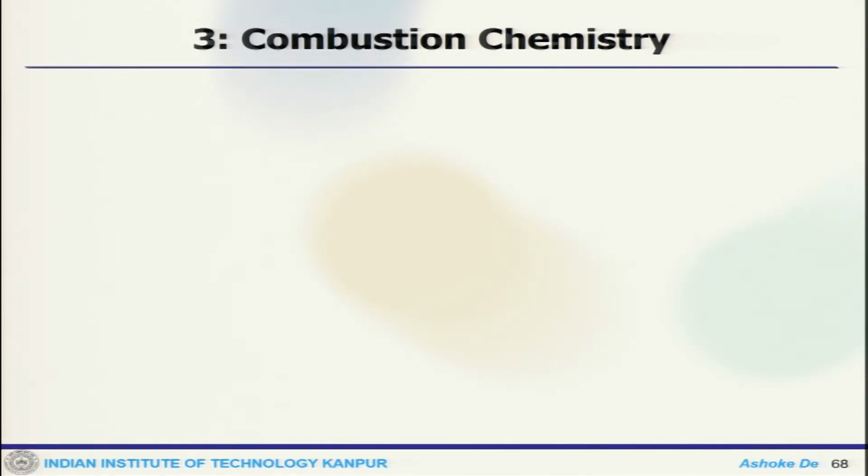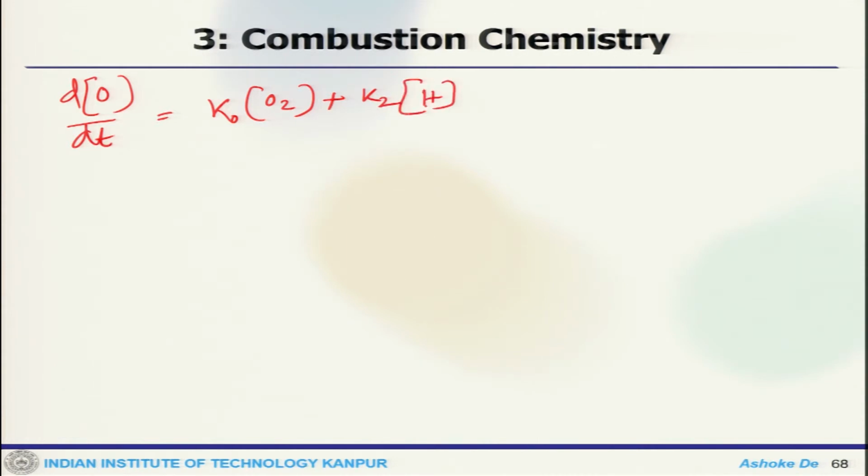And for O, d[O]/dt would be k0 O2, plus k2 H O2, minus k3 O H2.